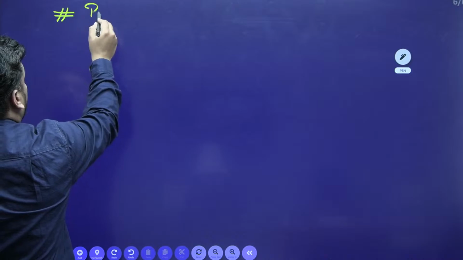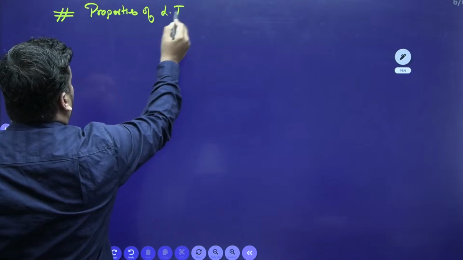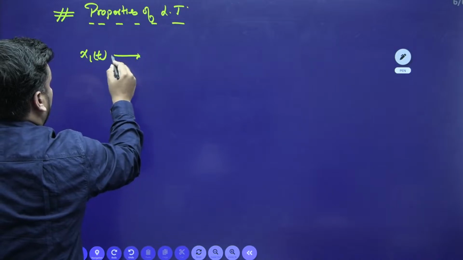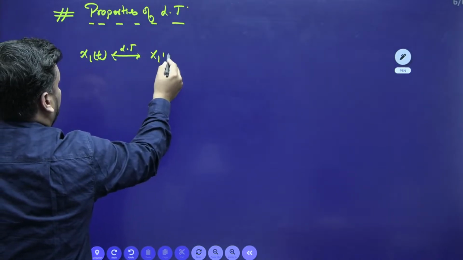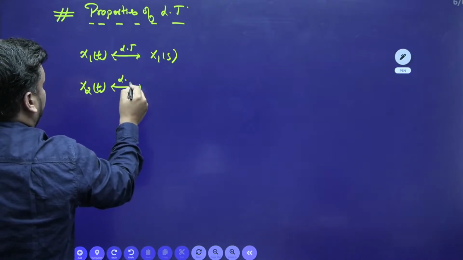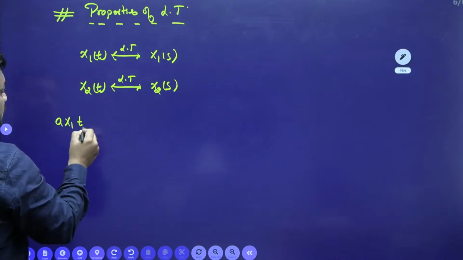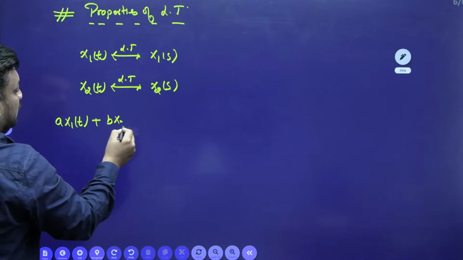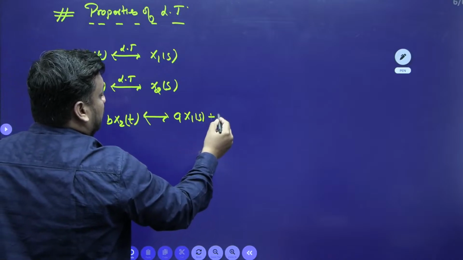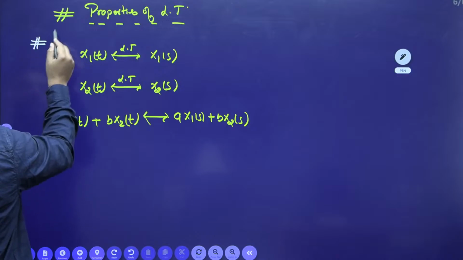We have already discussed properties of ROC. If x1(t) has the Laplace transform X1(s), and x2(t) has the Laplace transform X2(s), then a x1(t) plus b x2(t) has the Laplace transform a X1(s) plus b X2(s). This is property number 1, the linearity property.